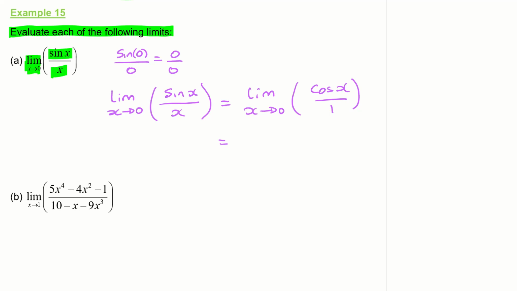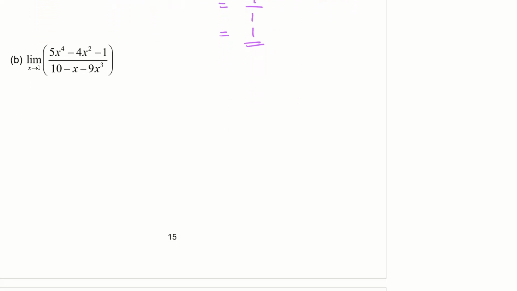Cos of 0 is 1, so this is 1 over 1, which is 1. So the limit of the original should be 1. And this is one you should know because we actually use this in showing the differential of sin x from first principles. So let's look at the next one.